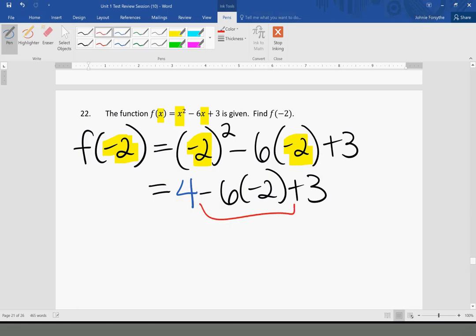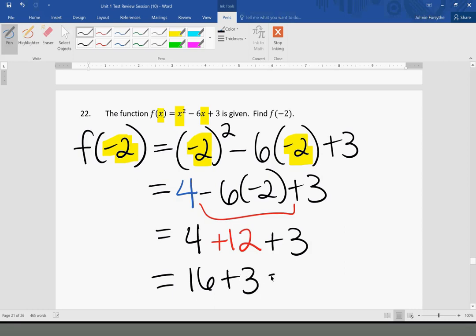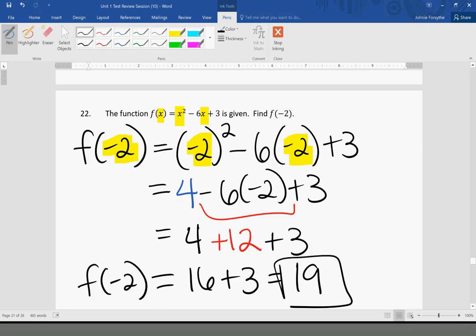So we have -6 times -2, which is positive 12. So we have 4 plus 12 plus 3. And now we have addition, so we can just add left to right. So 4 plus 12 is 16, plus 3 equals 19. So f of -2 equals 19.